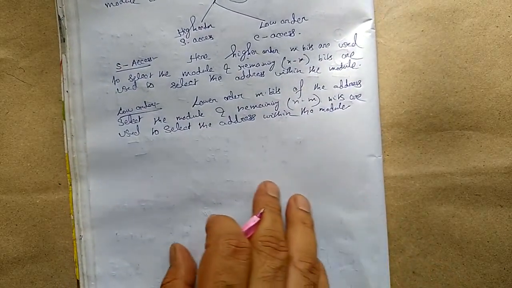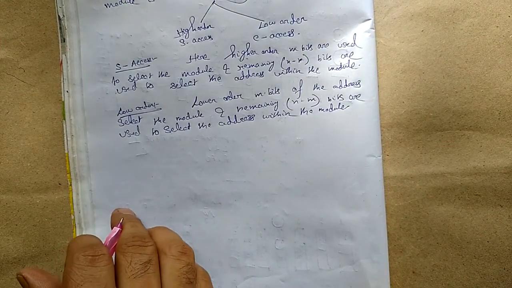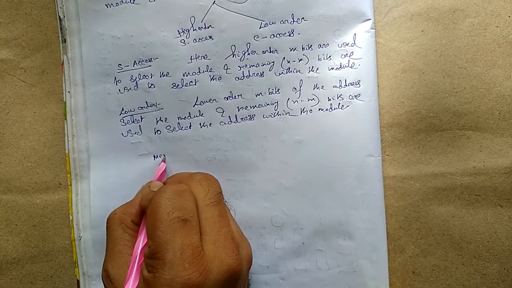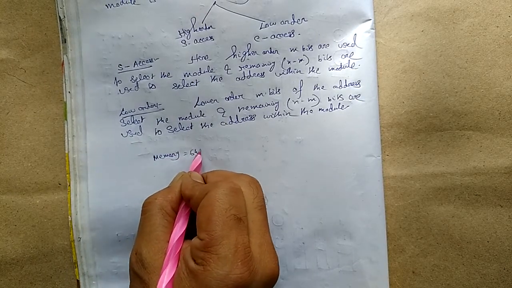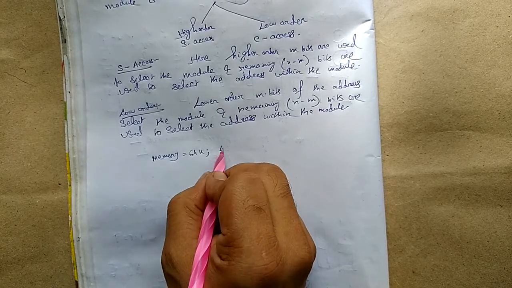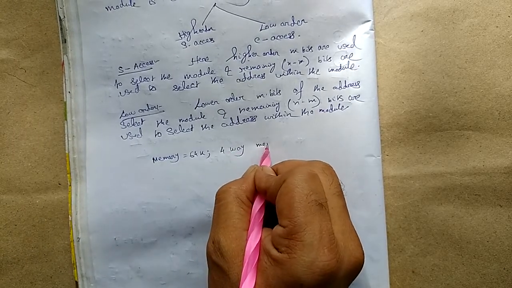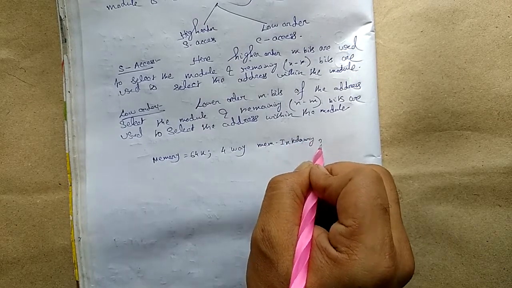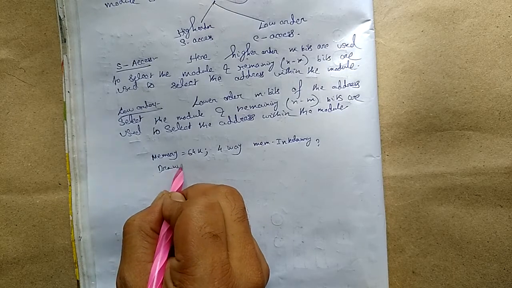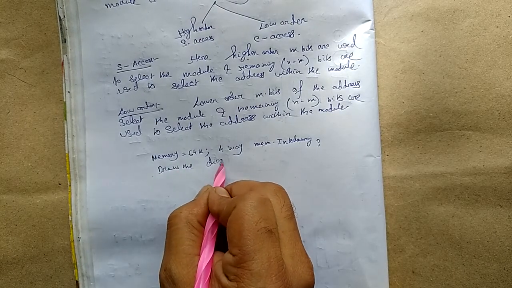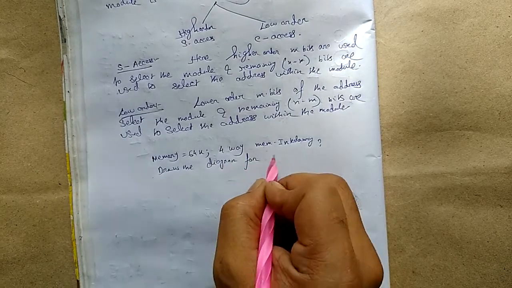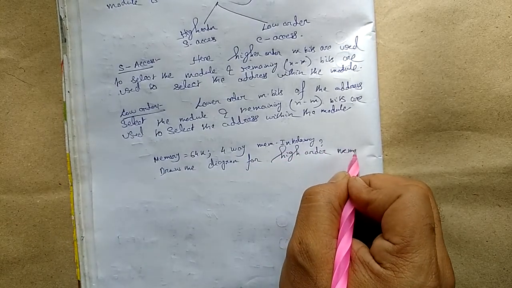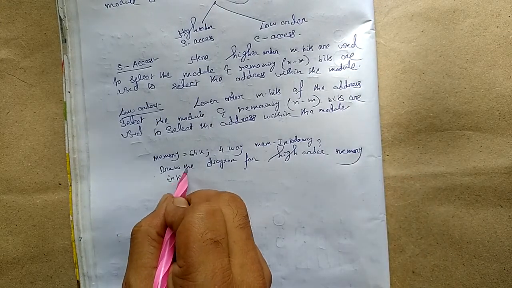Now we'll explain this memory interleaving by taking a numerical example. Suppose a numerical example is given like this one, where memory is 64K. It is a 4-way memory interleaving. Now draw the diagram for high order memory interleaving.